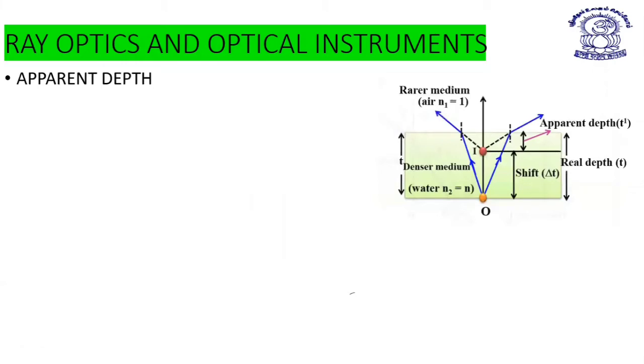Now let us see the concept of apparent depth. We have observed that the bottom of water appears less deep than its actual depth. This happens due to the refraction of light.